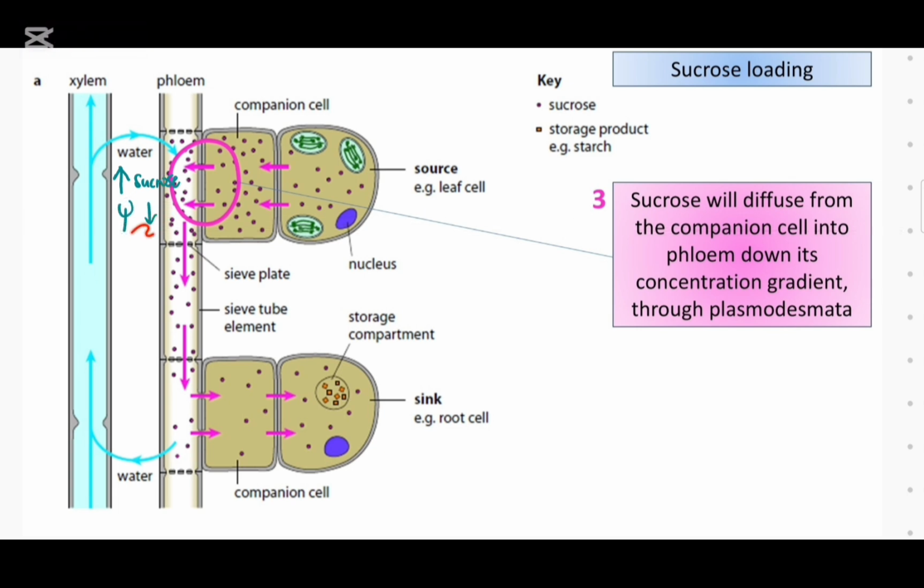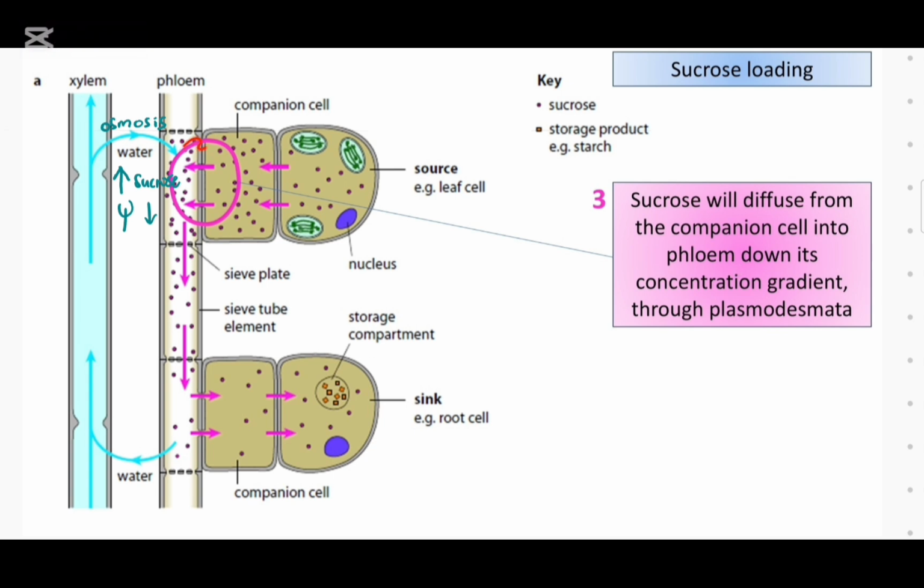So if water potential decreases in the sieve tube element, what follows naturally is that water from the xylem flows into the sieve tube element by osmosis. So osmosis of water occurs.